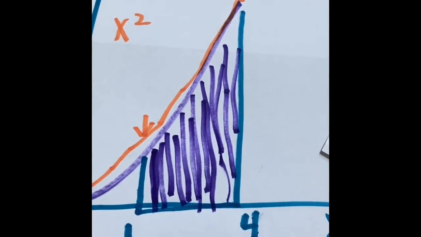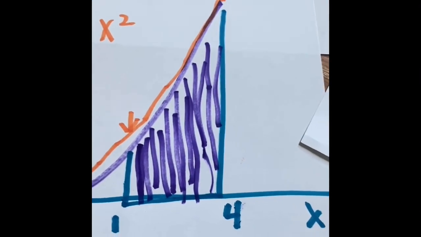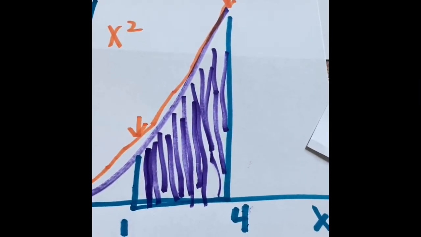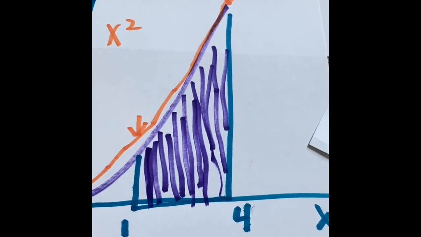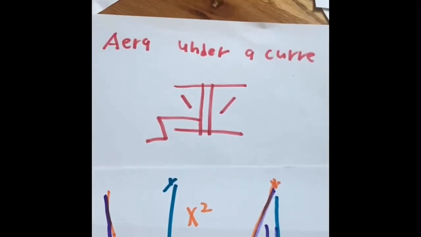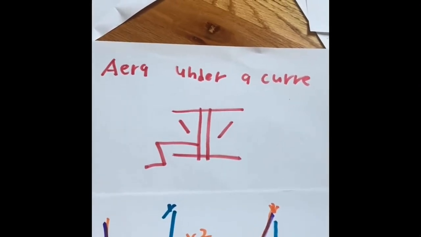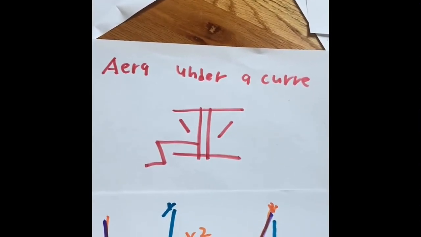We didn't have to use rulers, we didn't have to use tape measures, we could use calculus. And that helped us calculate the area under a curve. I hope this video has helped you understand how to calculate the area under a curve.